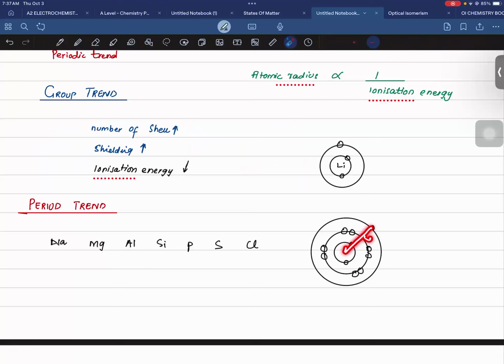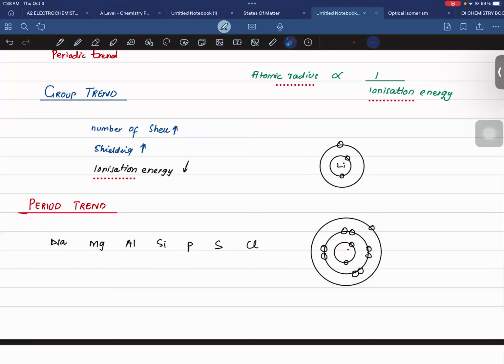It can be removed very easily when you provide a little amount of energy, because this electron is loosely attracted towards the nucleus. If you ask why, sir, I would say that it's far away from the nucleus. Remember, when the distance between the nucleus and the outer electron increases, the attraction decreases.